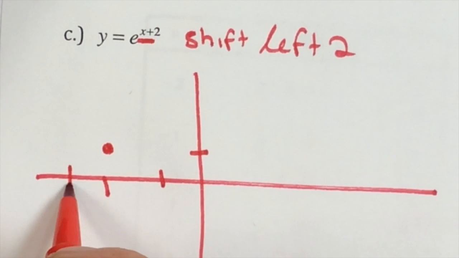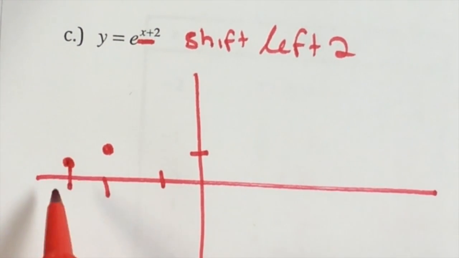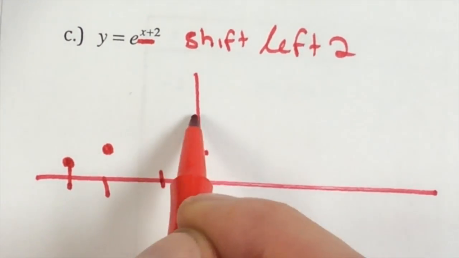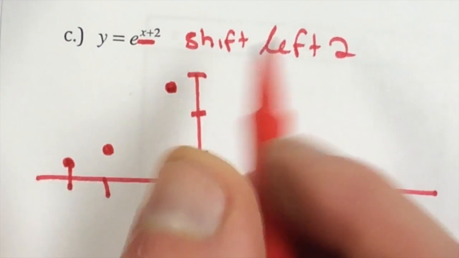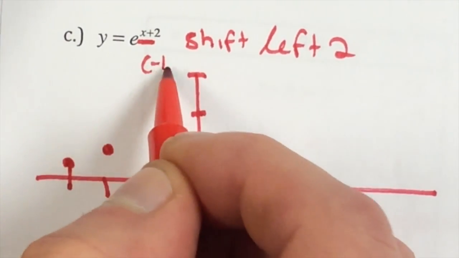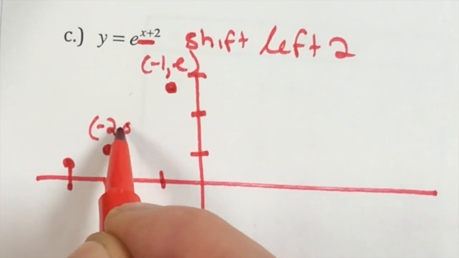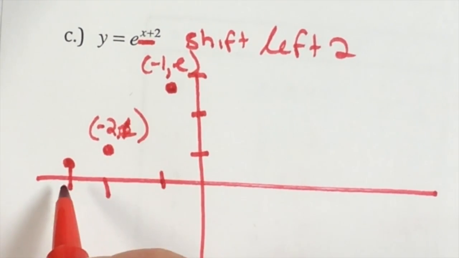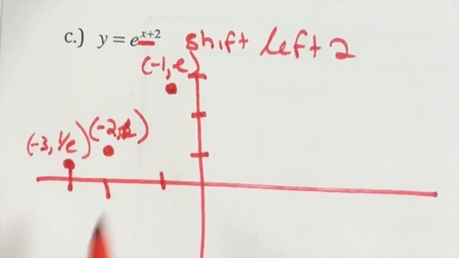At -3, I'm going to get 1 over e. And at -1, I'm going to get e. So let's label these. This is -1, e. This is -2, 1. And this third point is -3, 1 over e.